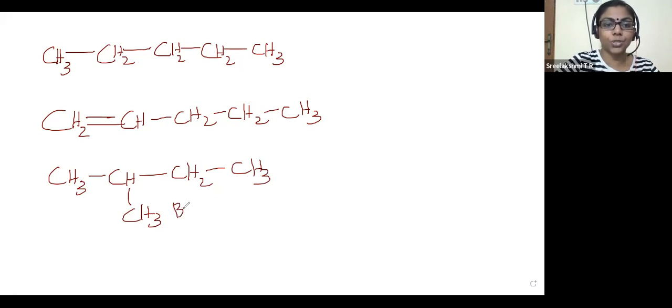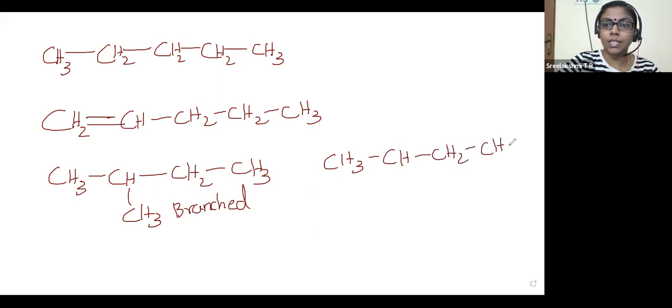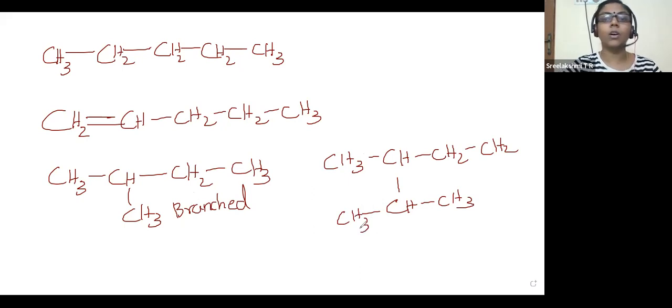This is a branched one. One of the hydrogens is again substituted by another carbon atom. So for that matter, you have another option. CH, CH2, CH3. This can be another branch. CH, CH3, CH3. This can also be a compound. These are a few examples for straight chain and branched chain.